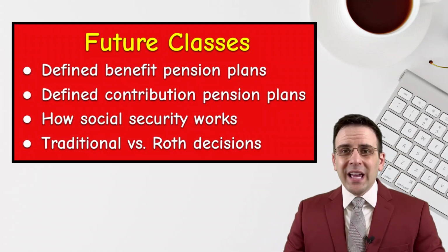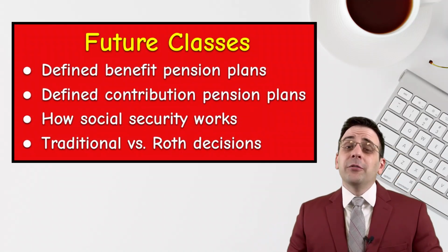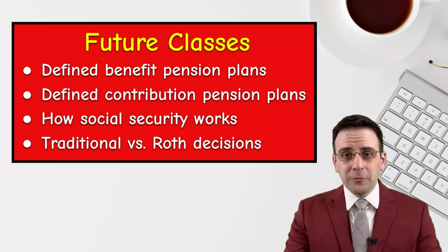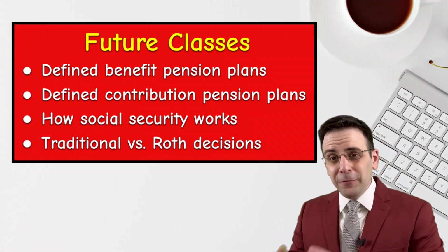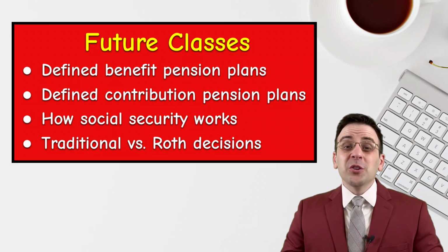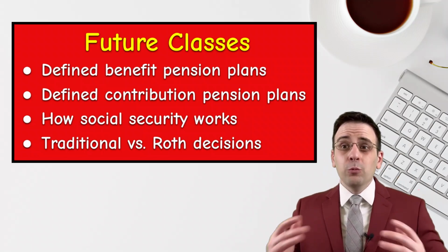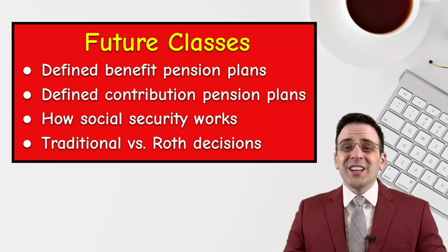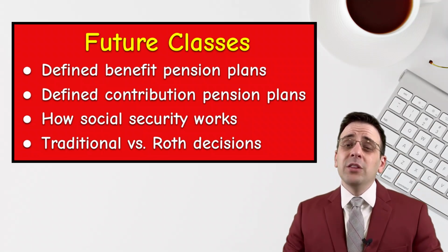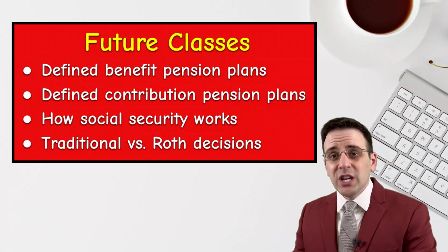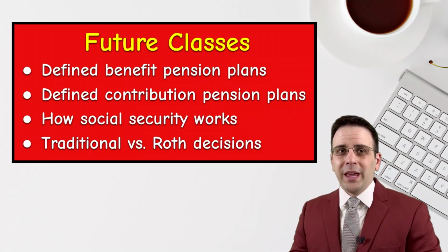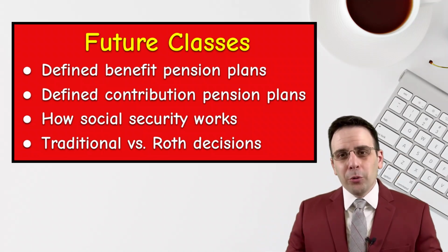In future classes, I also plan to cover defined contribution pension plans, defined benefit pension plans, and also how Social Security works. We'll also discuss the decision to invest through either a Roth versus a traditional retirement investment plan, and other important concepts. I'm looking forward to helping you learn more.